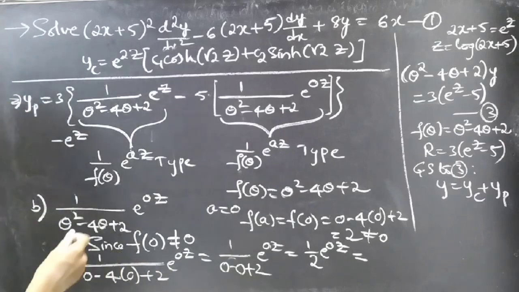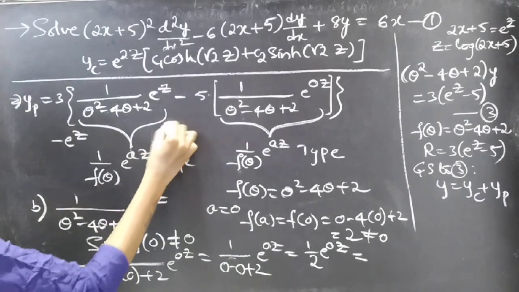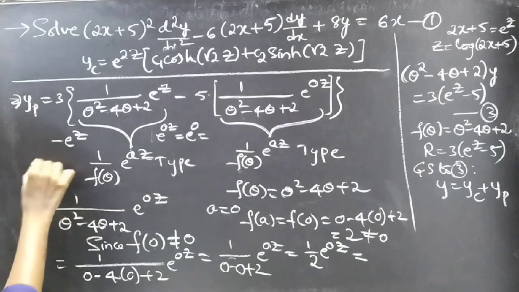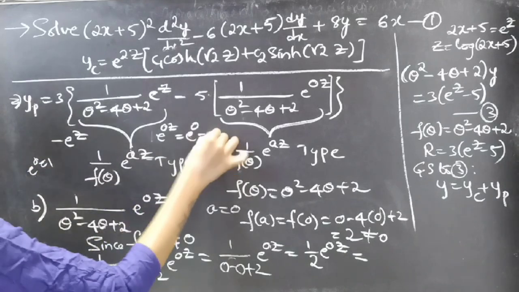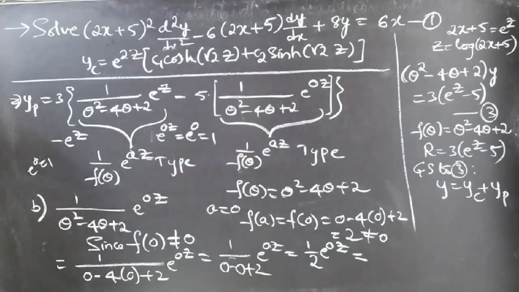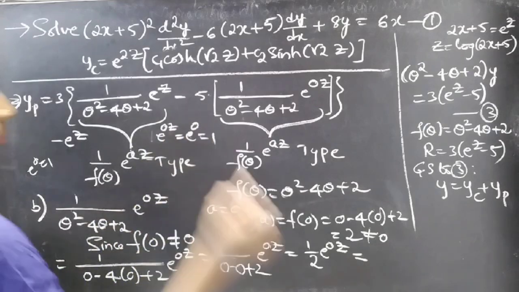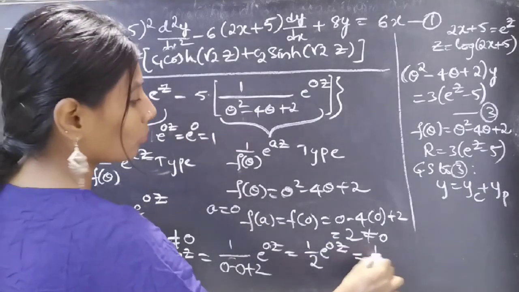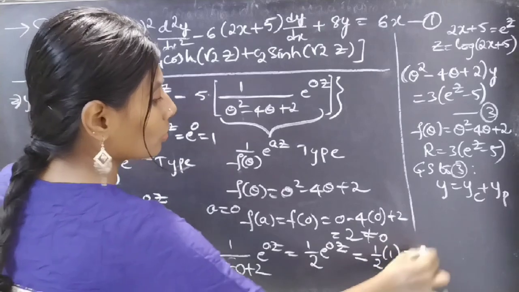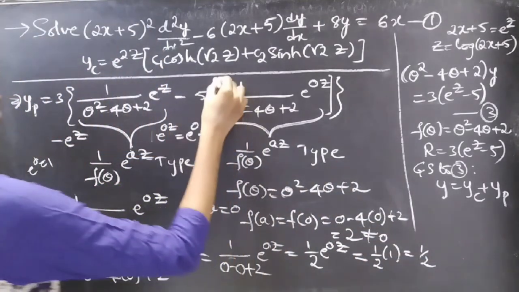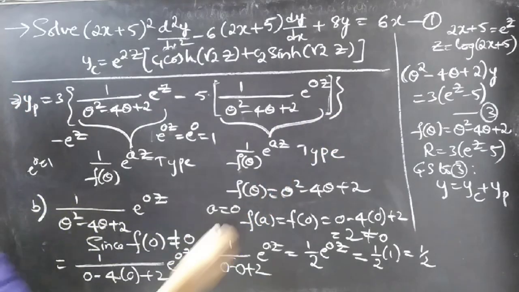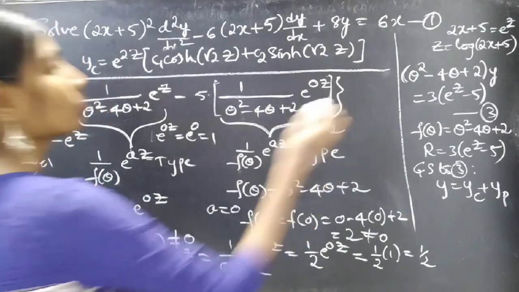Since e power 0 z equal to e power 0, and we know that e power 0 equal to 1. So finally, you'll get e power 0 z equal to 1. Just replace this e power 0 z by 1, you'll get 1 by 2 into 1, which is 1 by 2. So the result obtained from the term under brackets is 1 by 2.